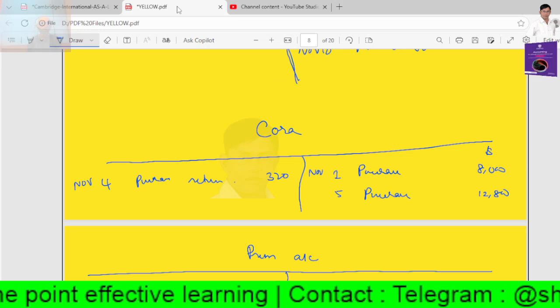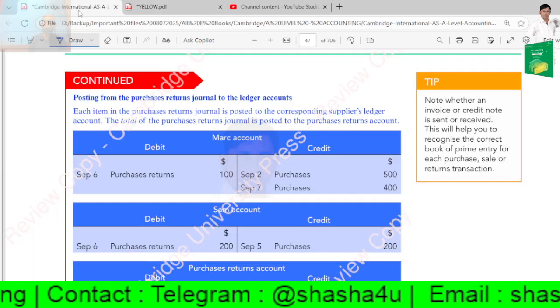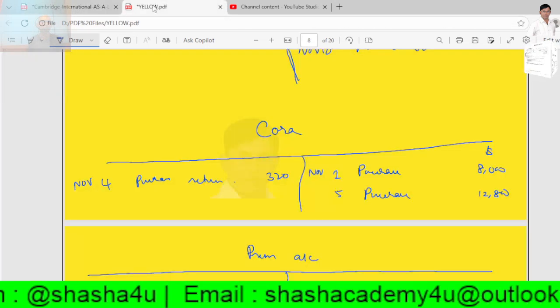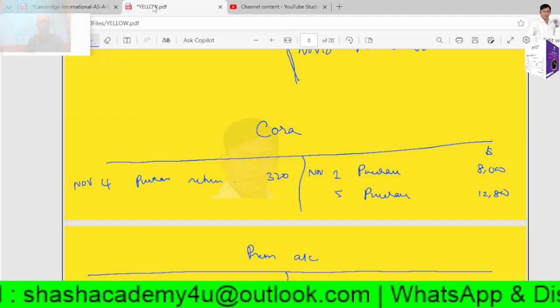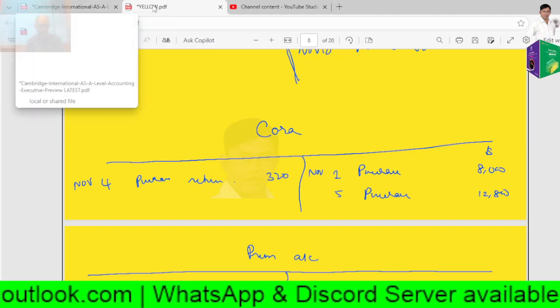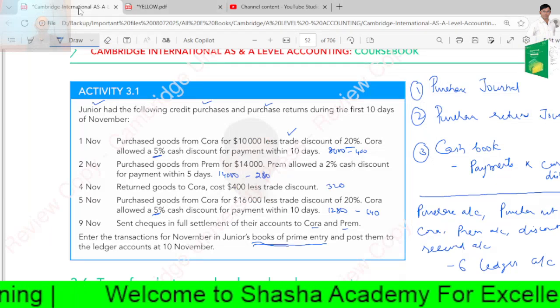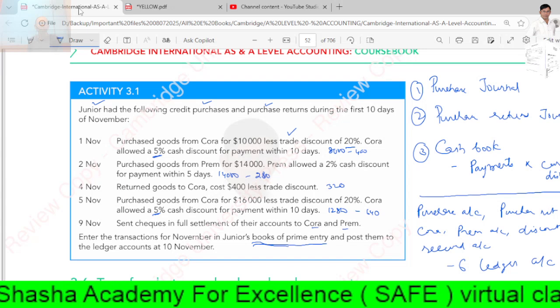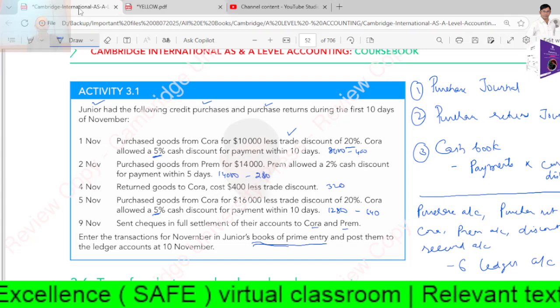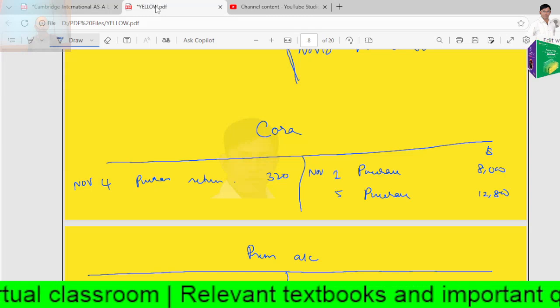Next, Frame account. So how much is the Frame account? Frame account is 14,000.